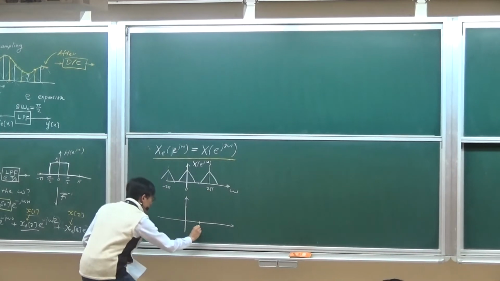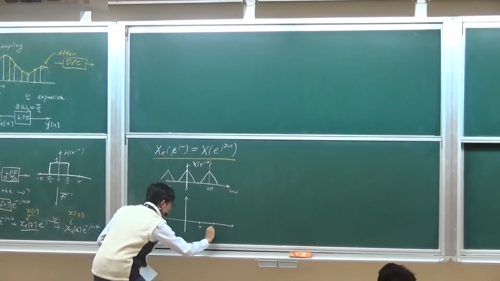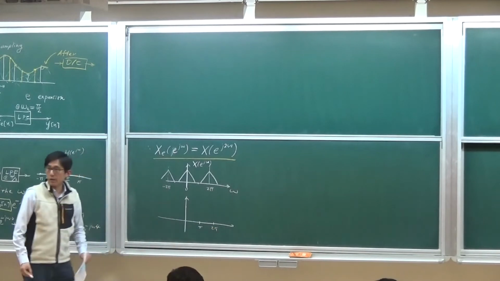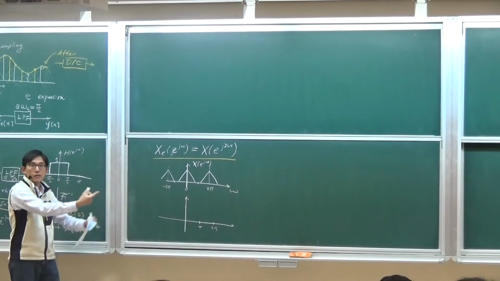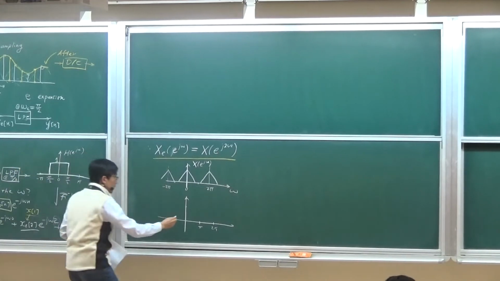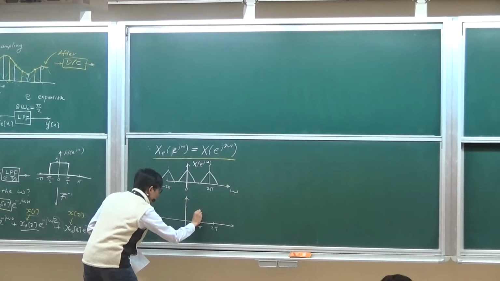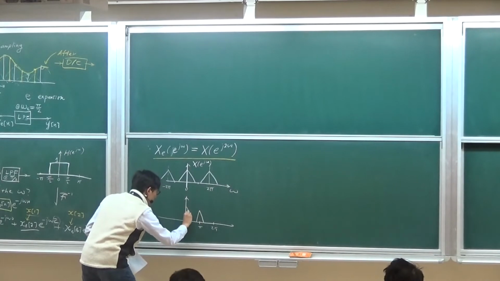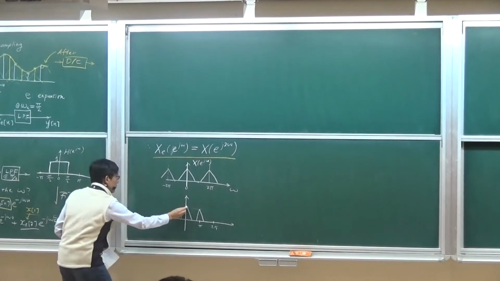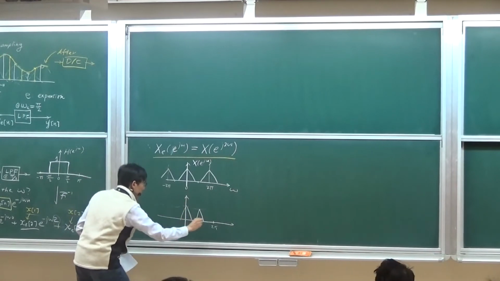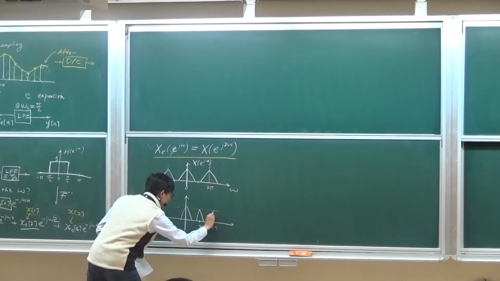So now this spectrum is going to be periodic, not every 2 pi, but every pi, because the frequency axis has been compressed. So let's draw it carefully. Now everything looks narrower. So it's going to be becoming periodic.